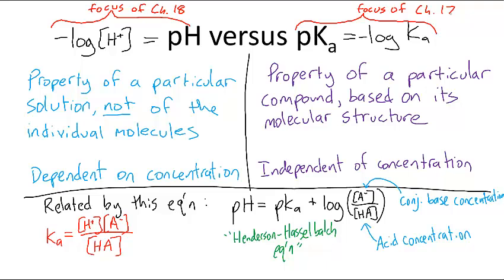So you can take any acid, make a solution with any pH you want. You can take any base and make any solution with any pH you want. So pH is specific to a specific solution, not a general property of that compound. All right?